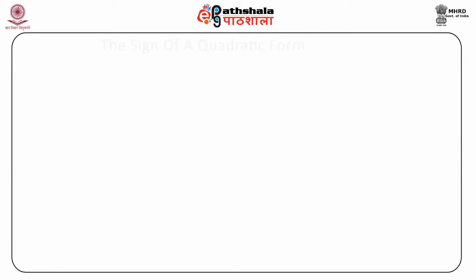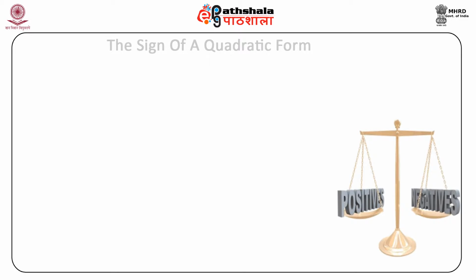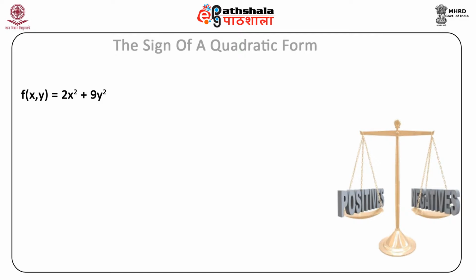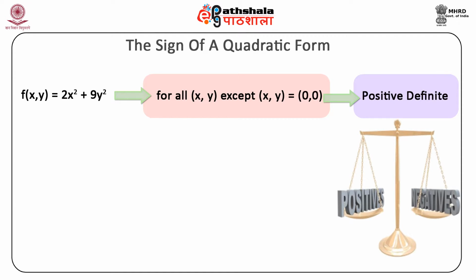In some cases, it is obvious whether a given quadratic form is negative, positive, or indefinite. For instance, consider the following. f(x,y) is equal to 2x square plus 9y square. This takes positive value for all (x,y) except (x,y) equal to (0,0) and is therefore positive definite.